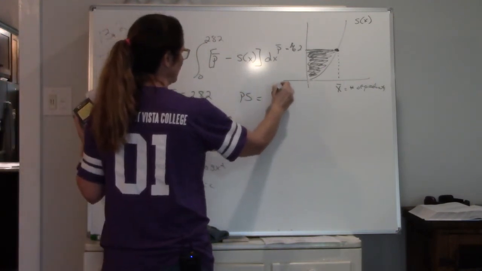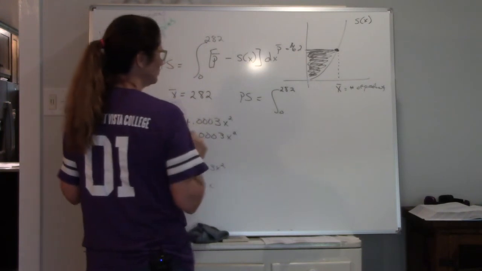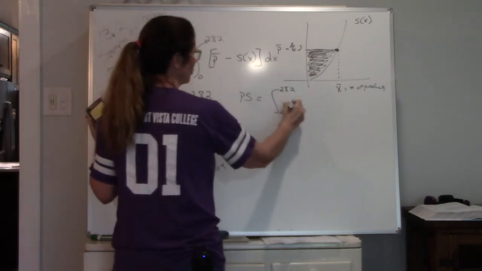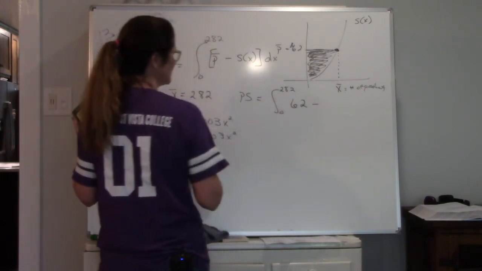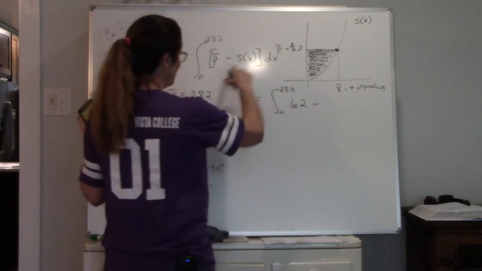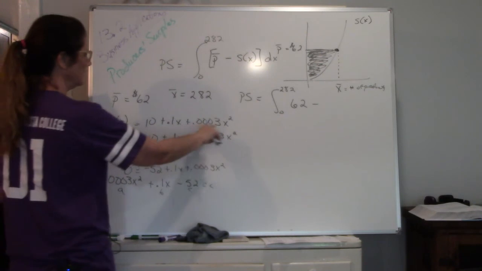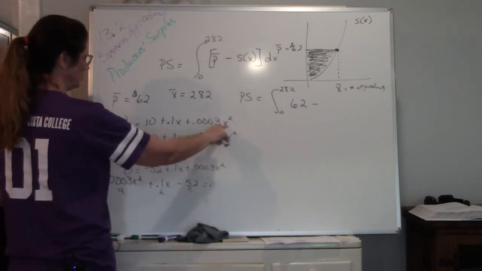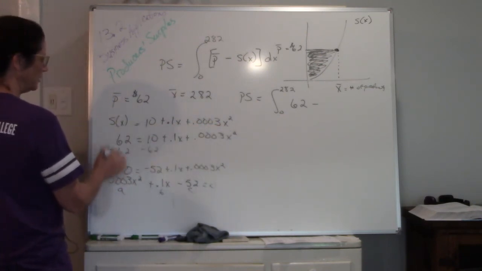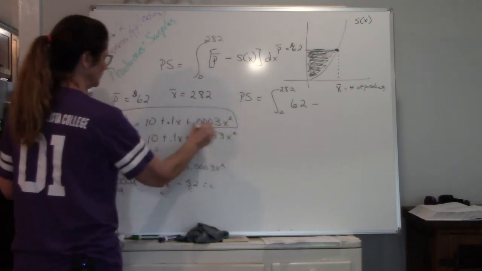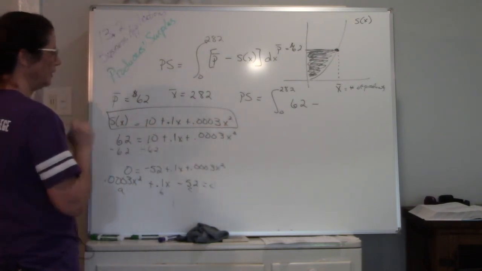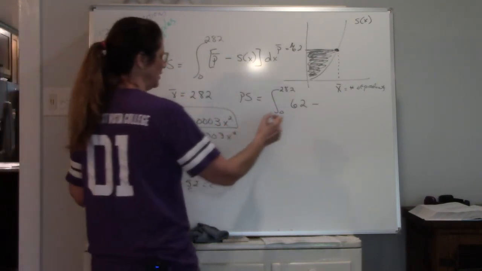I'm going to evaluate between 0 and 282. P bar, or my market price, is 62, minus my supply function, right? I'm not using this one. This is the supply function. So make sure you keep the right function.